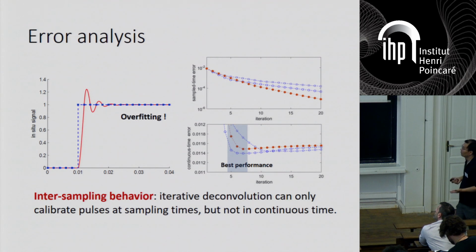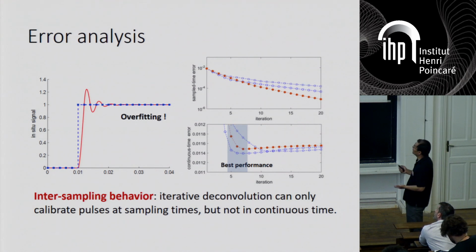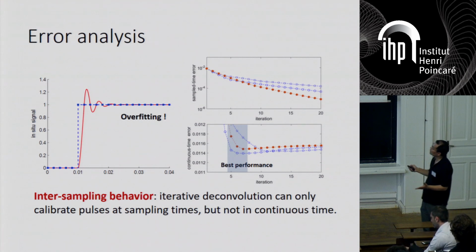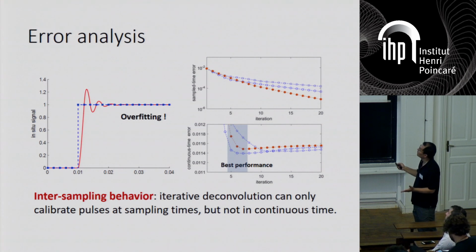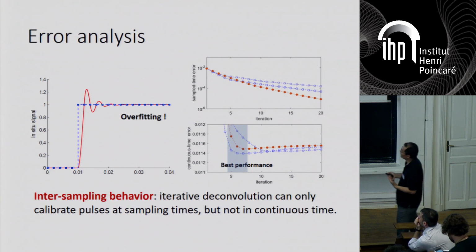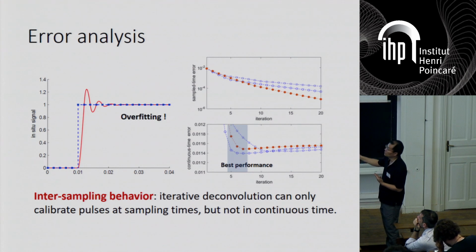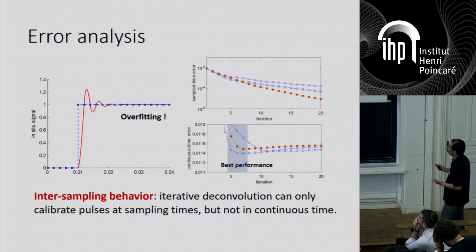If you look at the error signal, we can evaluate the correction performance in two ways. One way is to only look at the error at the sampling times over here, but I think the real error between the curve and the step function is the continuous one, the area enclosed by this step signal and this continuous signal. You can see that the error is very different.